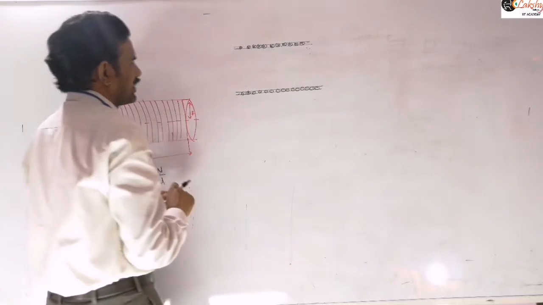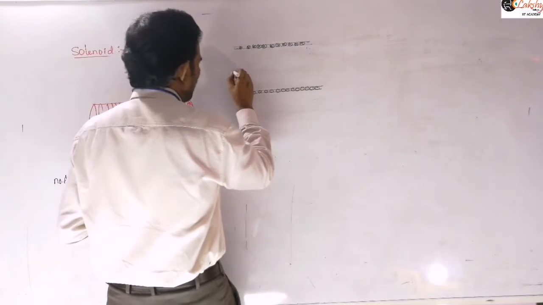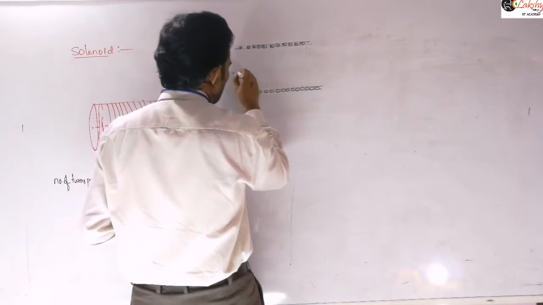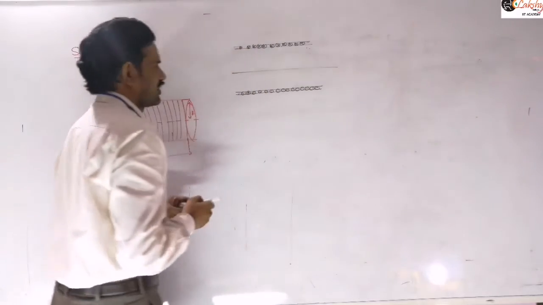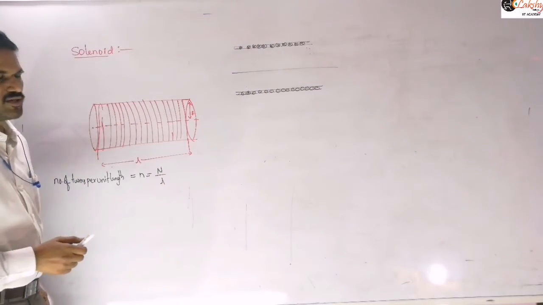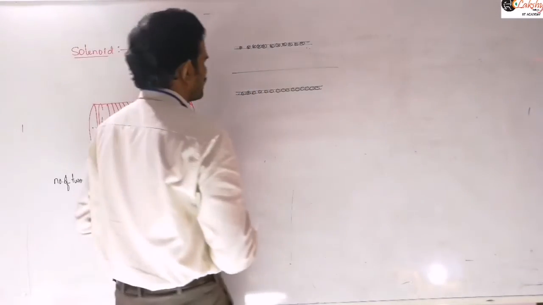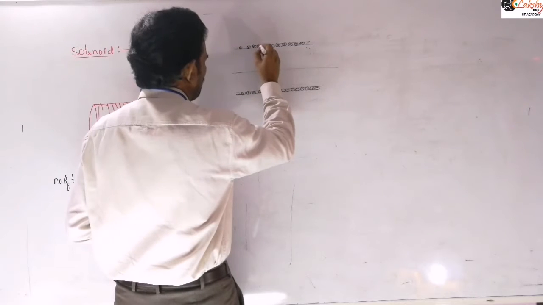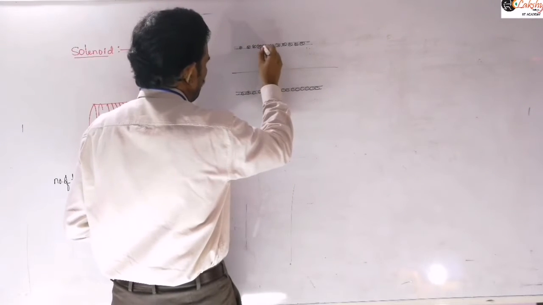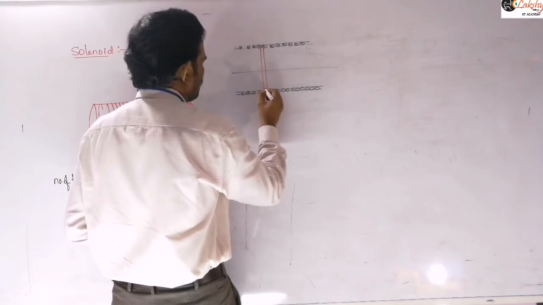Now let us consider a small element and write the expression for the magnetic field. This is the axis of this solenoid I am taking here. Now I am taking a small element like this.